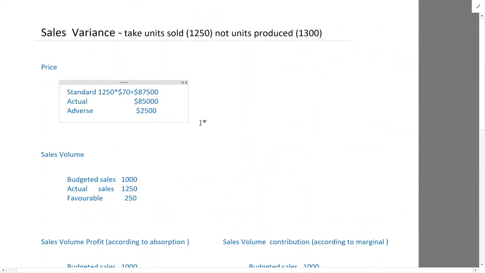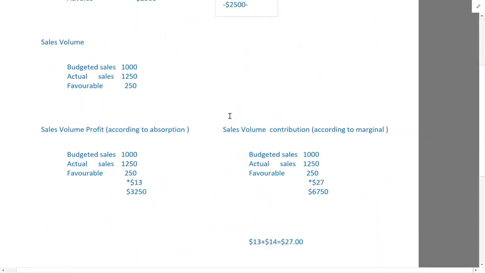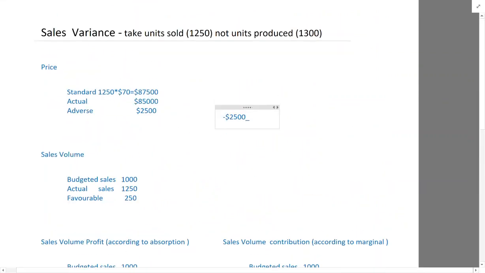Okay, see, the overall effect is that we have 2,500 negative adverse, if I'm talking about absorption costing, but we have 3250 saved. Okay, 750 more revenue earned.